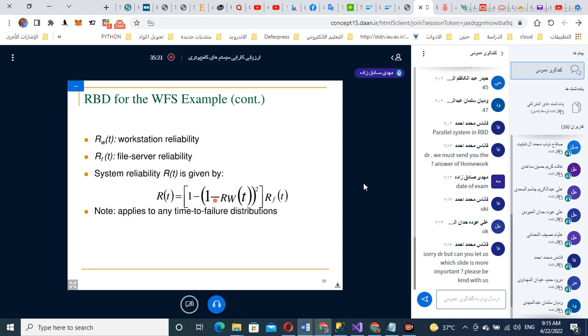The failure rate for the workstations is 1 minus reliability, to the power 2. So the reliability is 1 minus the failure for the workstations, multiplied by RF(t) for the file server. That is the reliability of a parallel-series system. Note that this applies to any time-to-failure distributions, for example exponential or Poisson or others.